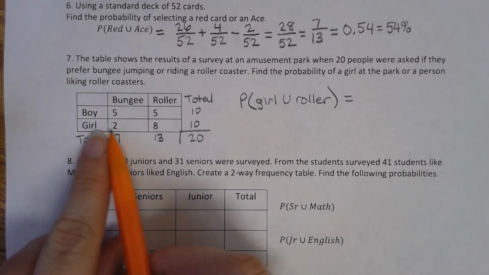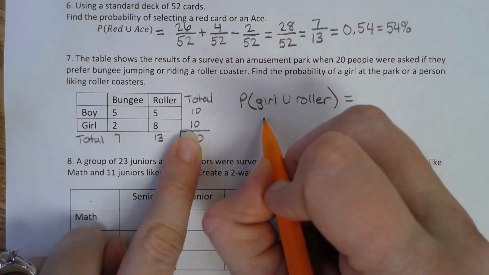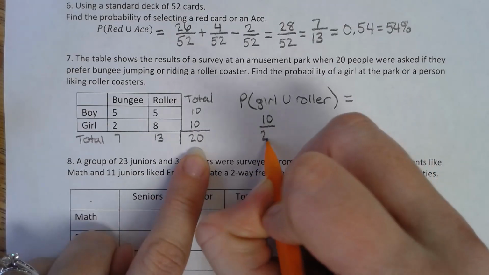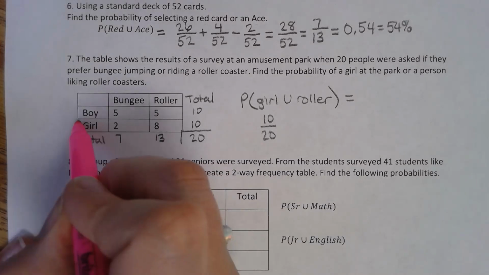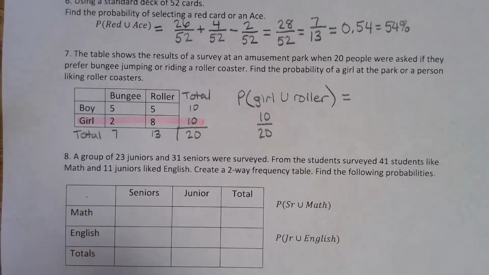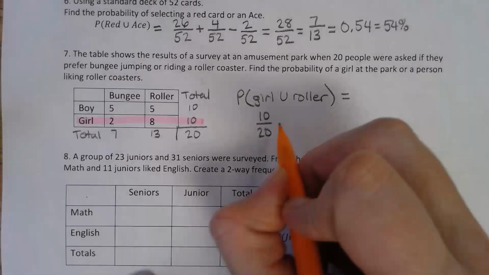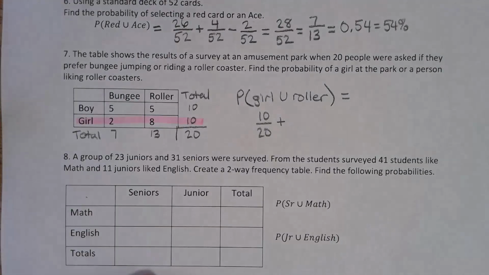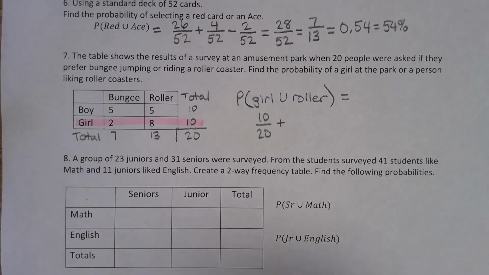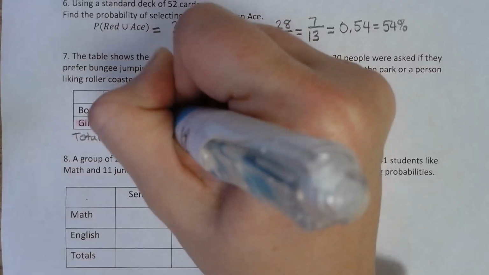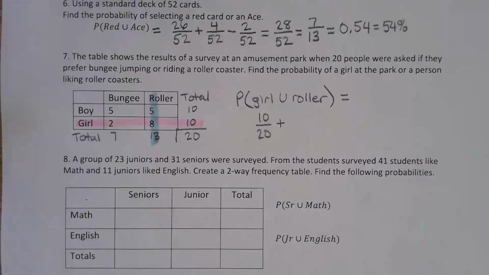So here for our girls, we have 10. So 10 out of the 20. So that was that row there. So 10 out of the 20. And then we've got our probability of liking a roller coaster. So that here we have 13 out of 20.